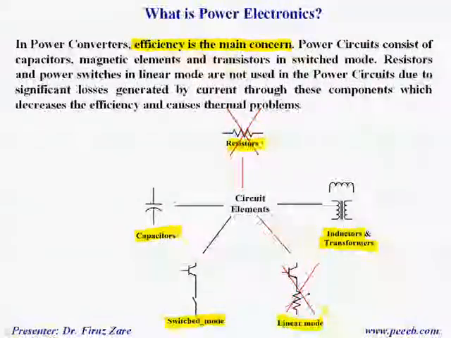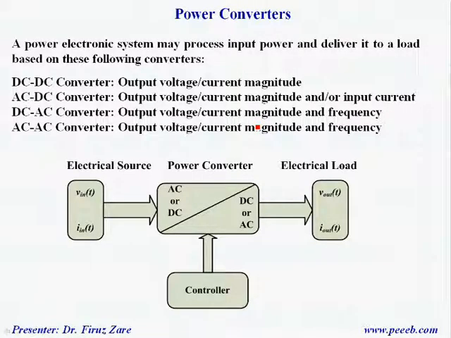A power electronic system may process input power and deliver it to a load based on the following converters. When we are talking about the input source, it can be either AC or DC. And we can change the power into AC or DC, so that means we have either DC or AC at the output. That brings four different combinations.